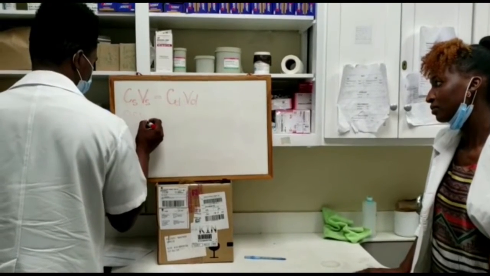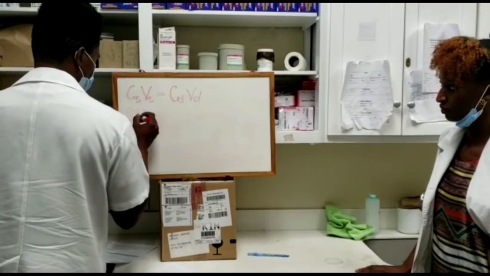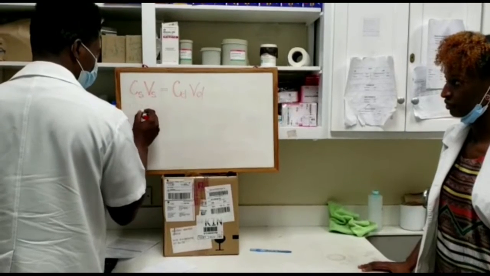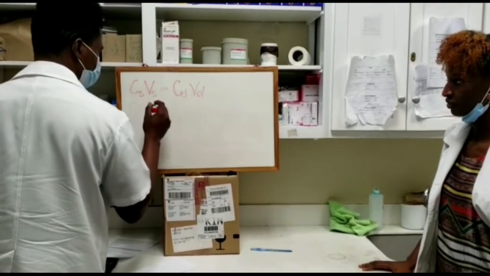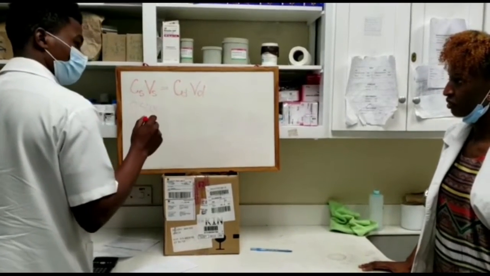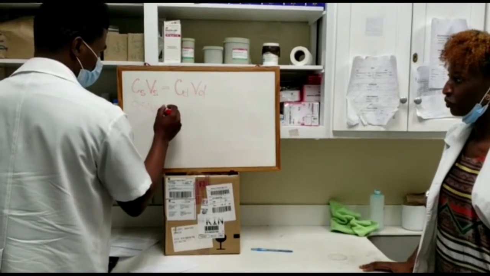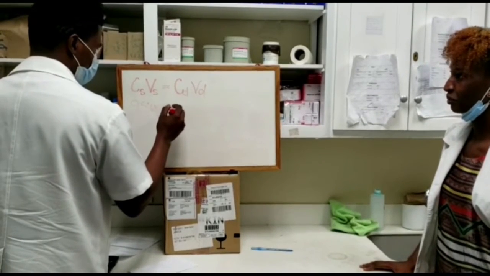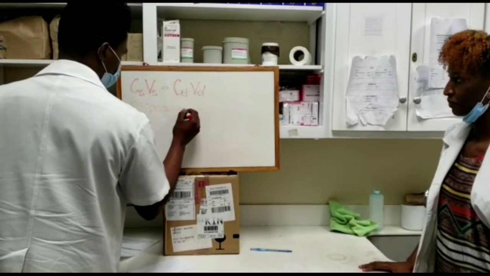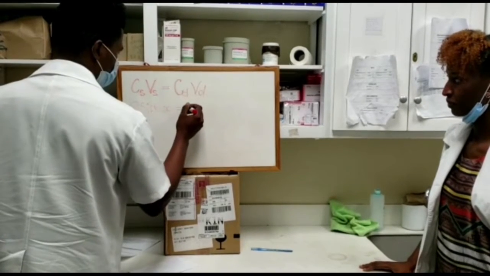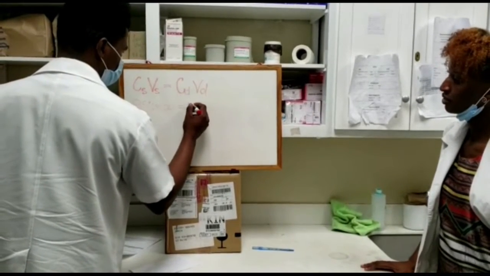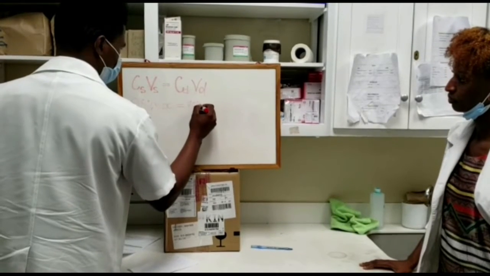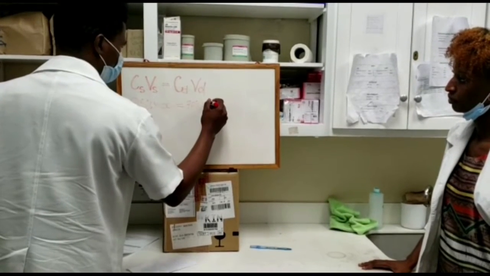My question to you is, are we finding 95% of the volume, or are we just timing it by 95? We're finding 95% of the volume. No, we're not finding 95% of the volume. We're trying to get a concentration of 70%, and the final volume is 100 mLs.